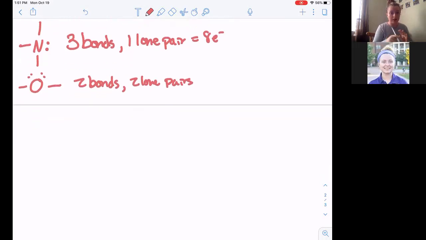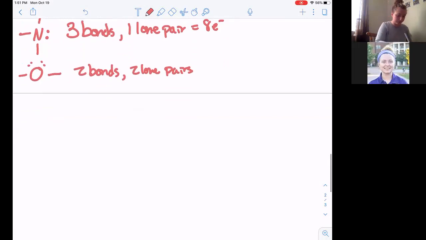Or, and leading into the next part, oxygen could be double bonded to something. And carbon could have those 4 bonds, have to have that octet, but one of those bonds, let's say it's this one, is a double bond.